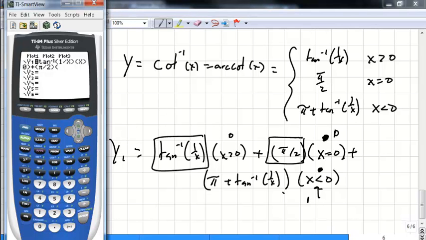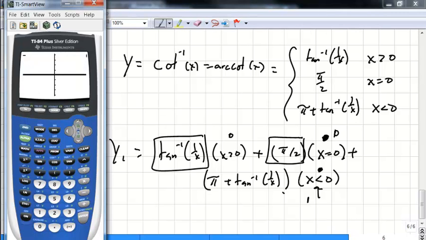And parentheses, x equals 0, plus, parentheses, pi plus the inverse tangent of 1 over x, and x less than 0.